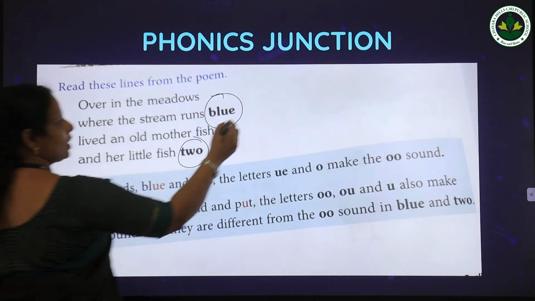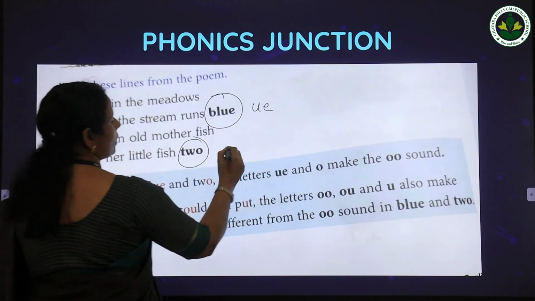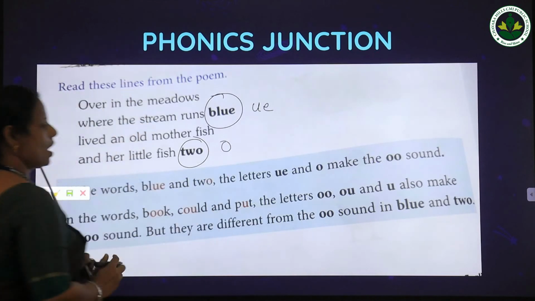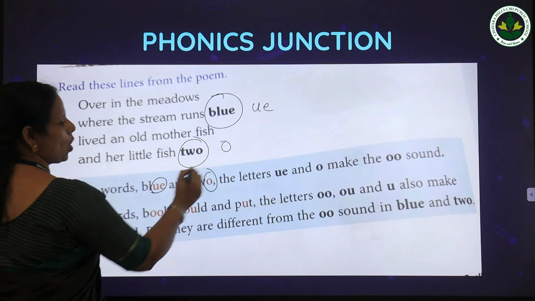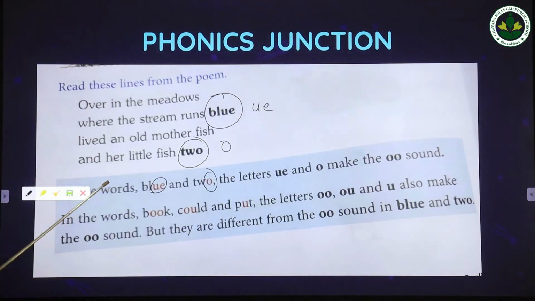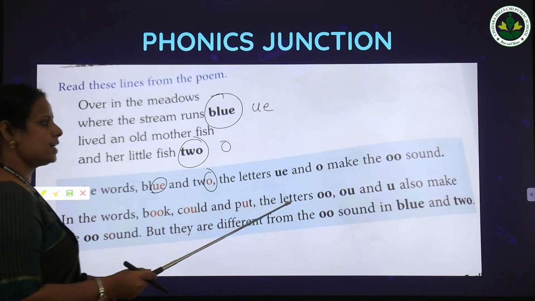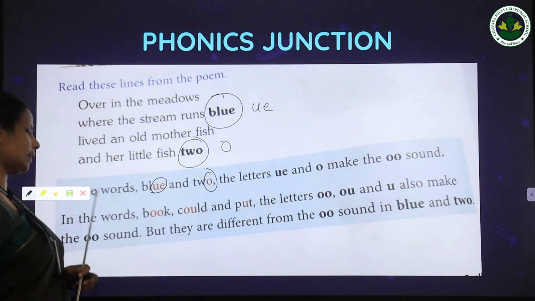In the word blue the letters are U, E, and in the word two, T-W-O, the letter is O, and these letters U, E and O make the oo sound. Okay, in the words book and put, the letters double O, and U also make the oo sound.